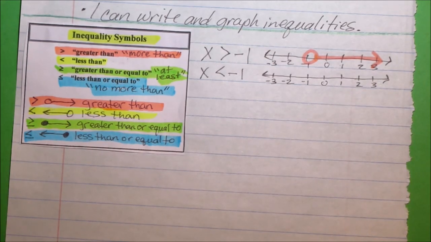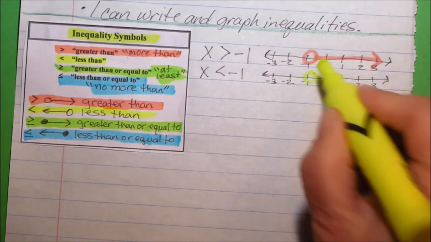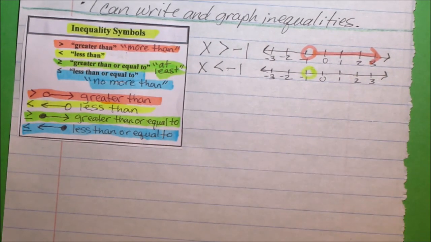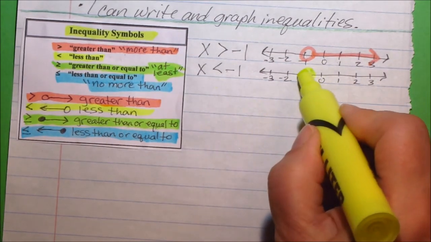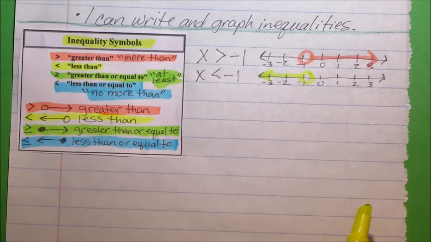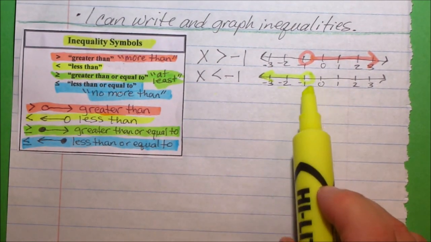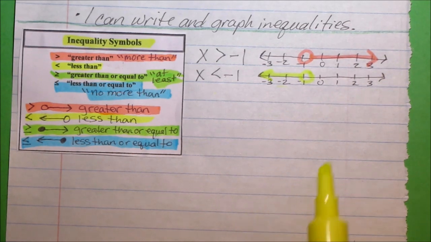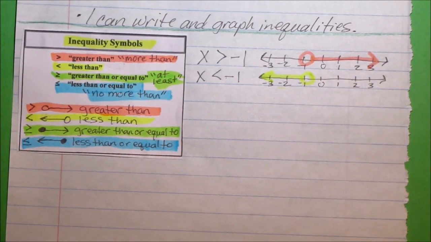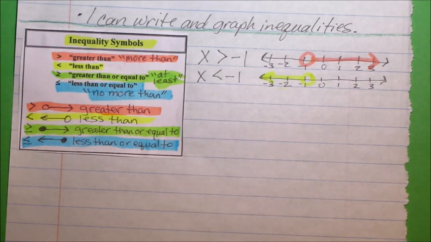I'm going to graph my circle on -1. I am not going to fill it in because x is less than -1. It does not include -1. X could be anything that is smaller than -1, but not including -1, and certainly not anything that's larger than -1. So we have the arrow moving to the left to show that it's everything smaller, less than -1.